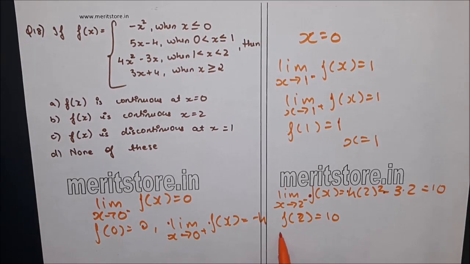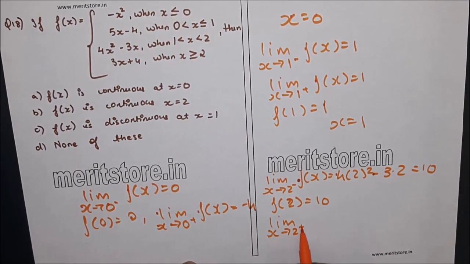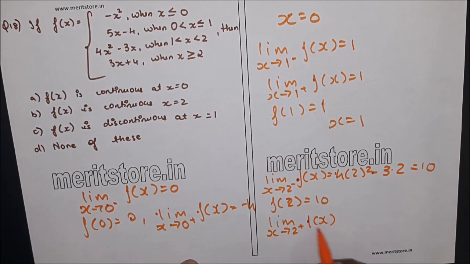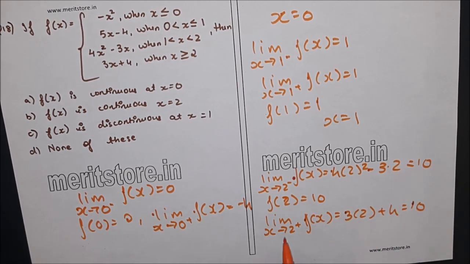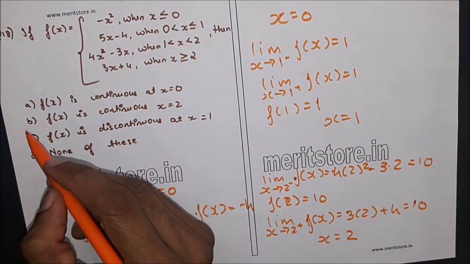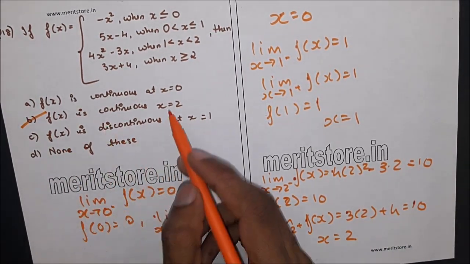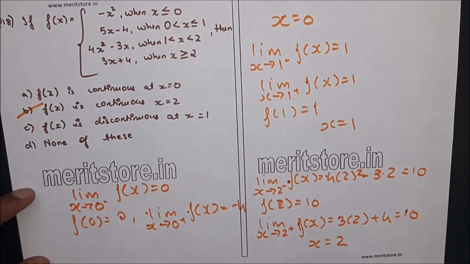Now for the limit x approaches to 2 from the right hand side, we get f of x is equal to 3 into 2 plus 4, which is equal to 10. Hence f of x is continuous at x is equal to 2. Therefore we see that option B, that f of x is continuous at x is equal to 2. Therefore B is the correct answer.